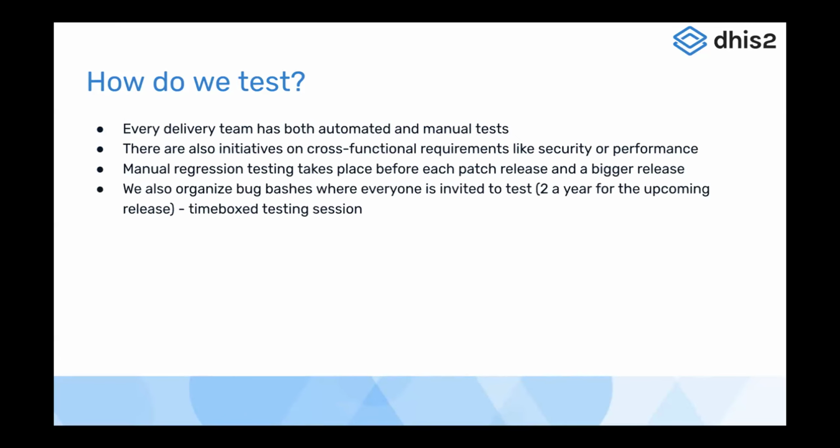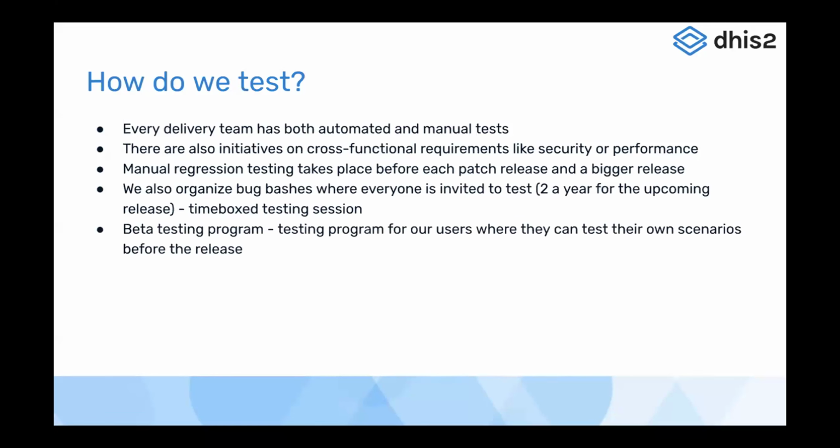And we also organize bug bashes where everyone is invited to test. Those are time-boxed testing sessions, 2 a year now, and we're trying to do them before a big release. So that's concentrated on that. There's also a beta testing program. And this is a testing program for users where they can test their own instances, for example, or use cases before the release.